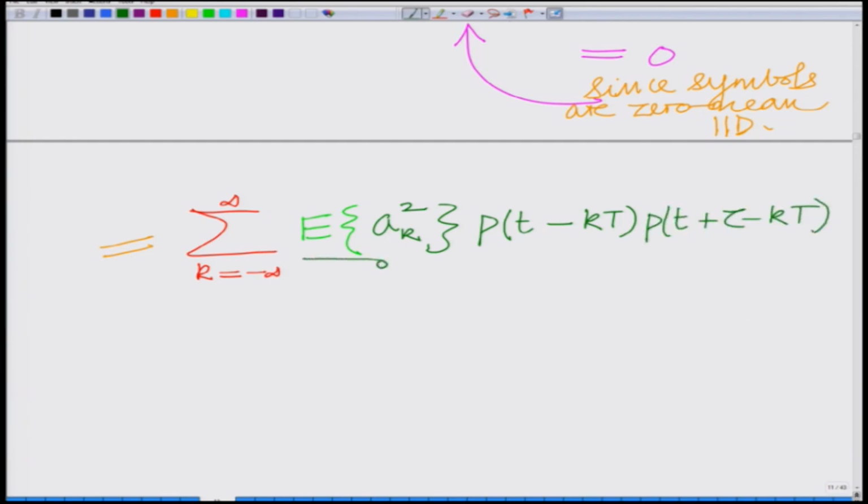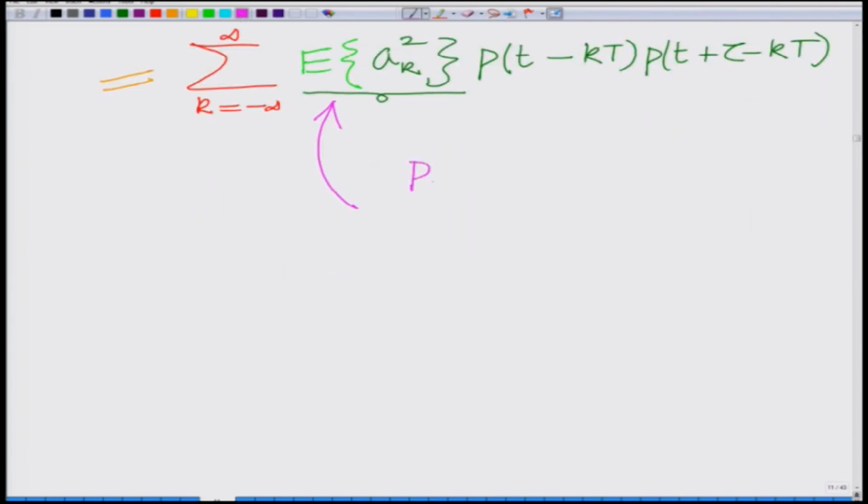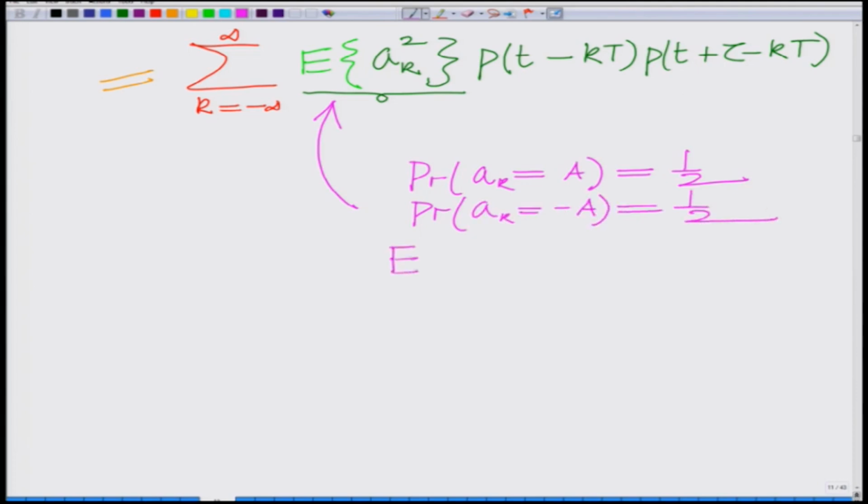Now, if you look at this quantity, expected value of a_k square, that can be simplified as follows. We know that probability a_k equal to A is half, we have assumed symbols are equiprobable. Probability a_k equals minus A is also half. So, expected value of a_k square equals half into A square plus half into minus A square.